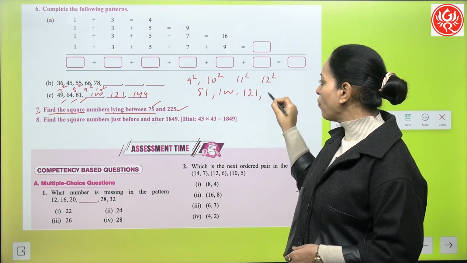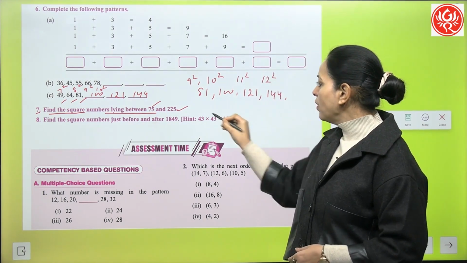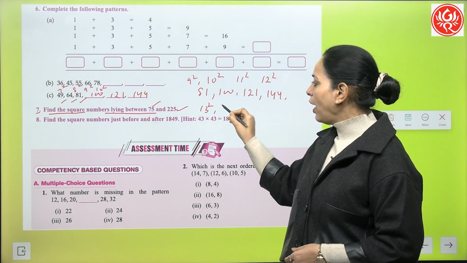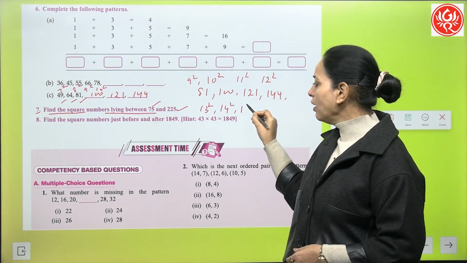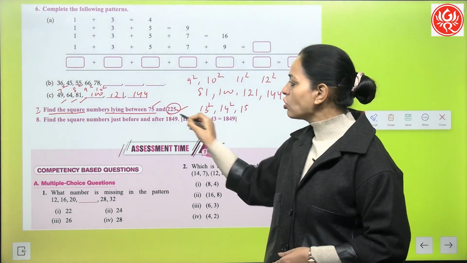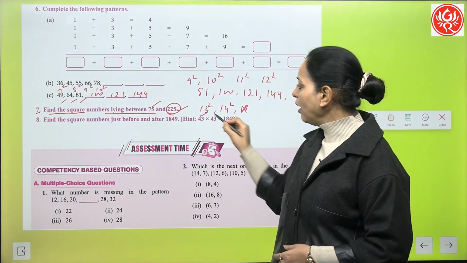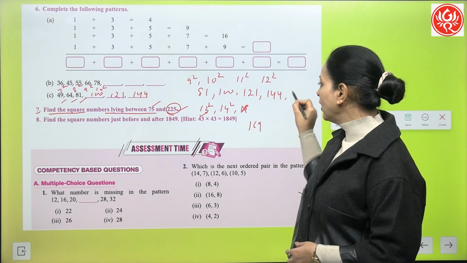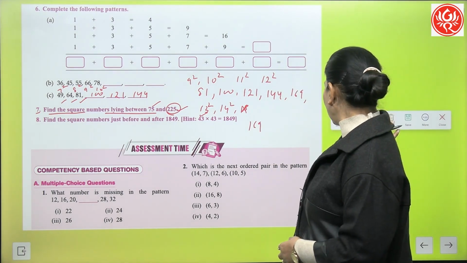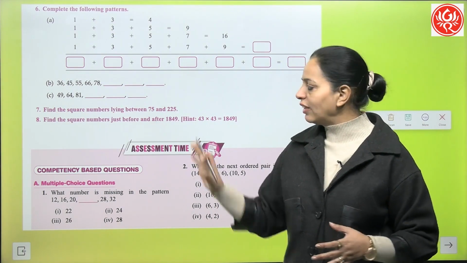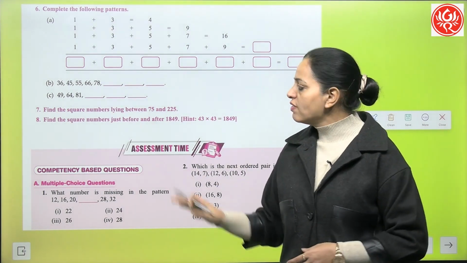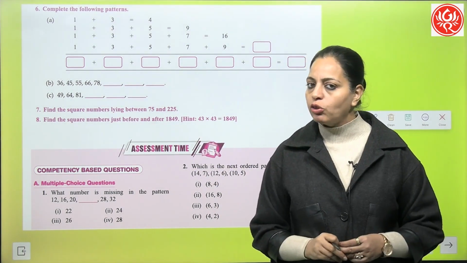Then 12 square, 144. Then 13 square and 14 square. And 15 square is 225, so no need to take it. So we will take 169 and then 196. So like this you can try these questions. Similarly 8th question you can try on your own.